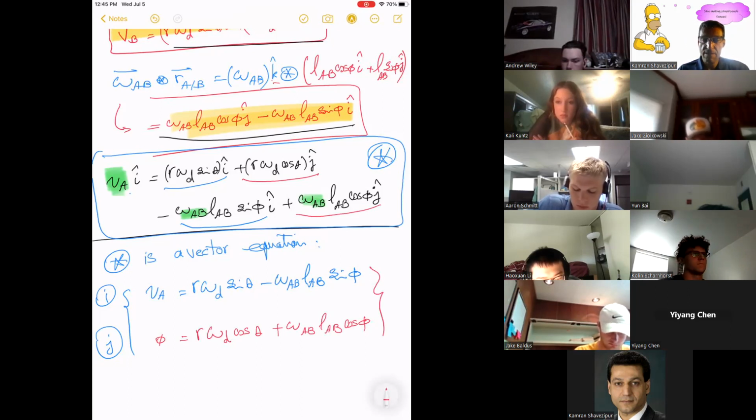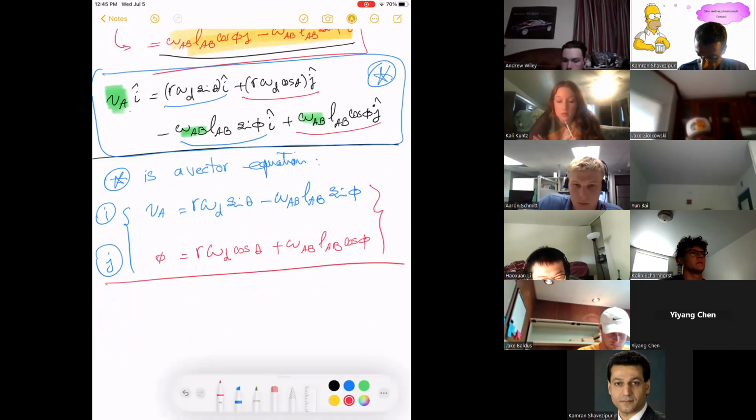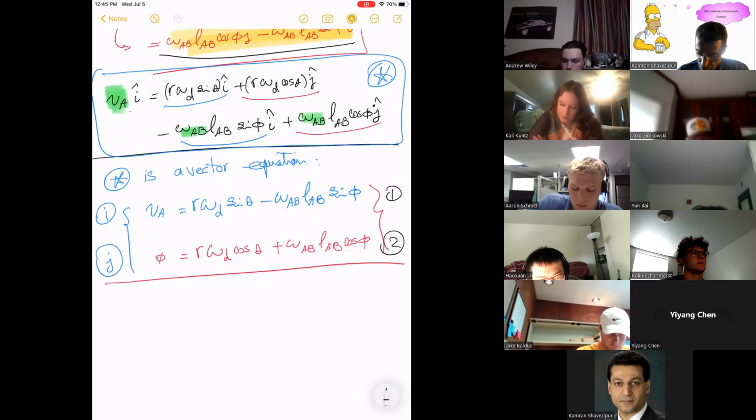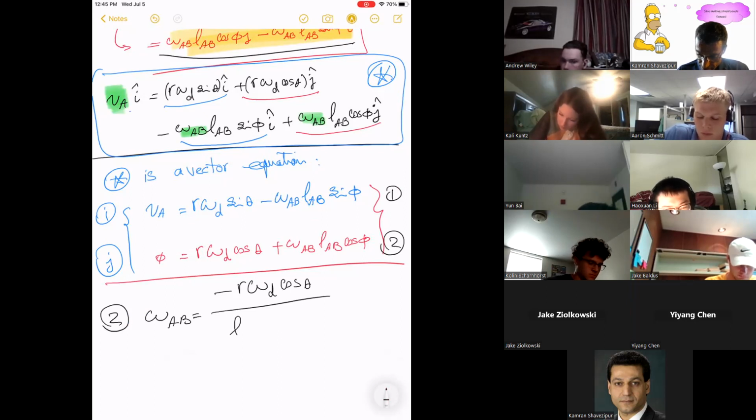Is it okay if we spend a couple more minutes to finish this part? Okay. Now, let's just call them equation 1 and 2. If I use equation 2, omega AB is going to be minus R omega D cosine theta over LAB cosine phi.